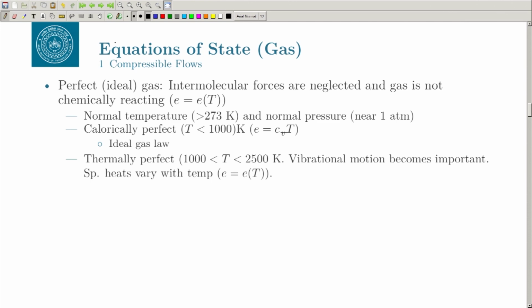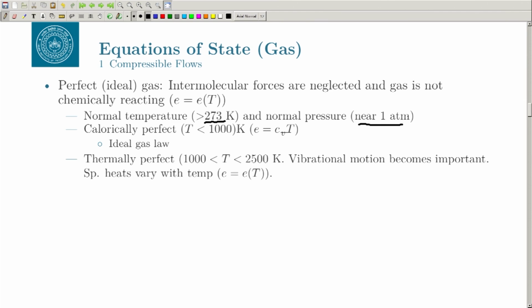We do have intermolecular forces, but at a typical room temperature, let us say around 273 Kelvin, and a pressure of around 1 atmosphere, the intermolecular forces are not that important.